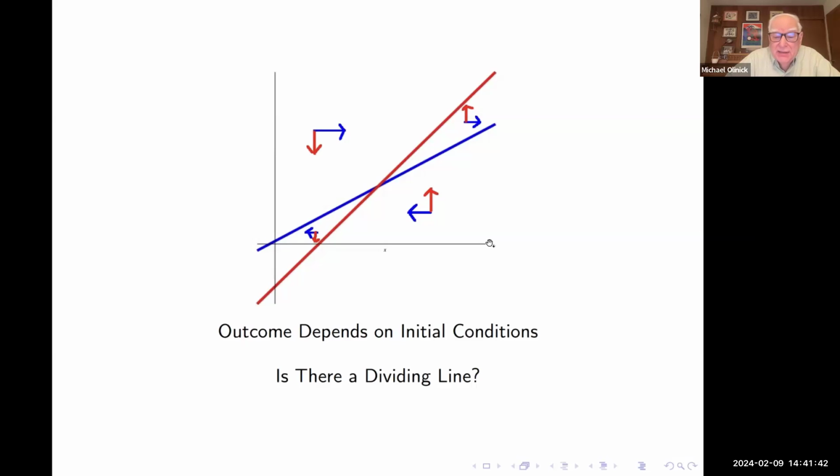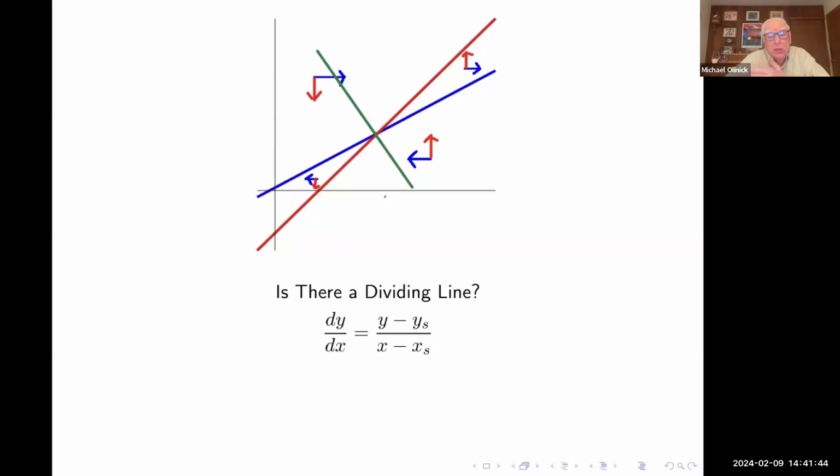And how would we find such a line? Well, the line would be dividing between the two. There might be a starting point which actually carries us over time towards that stable point. And that would say the direction of motion, which is given by dy/dx, is the same as the slope of the line connecting us from where we are to the point (x_s, y_s), the stable point.